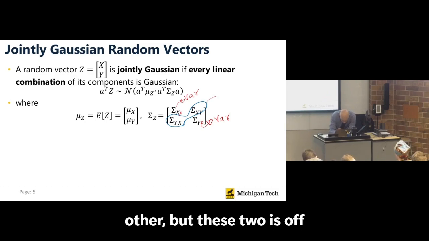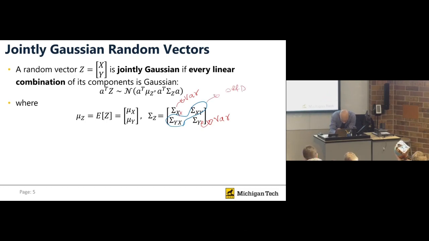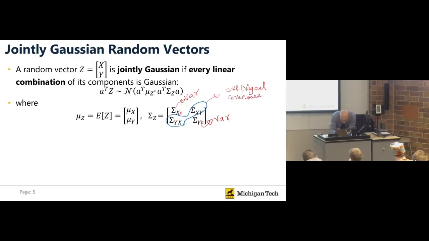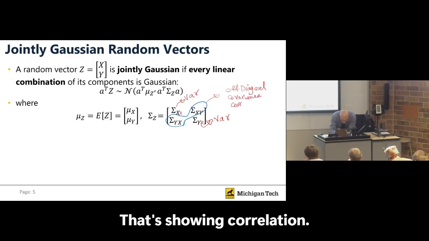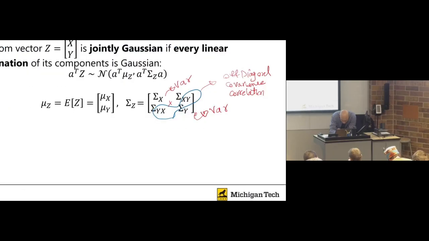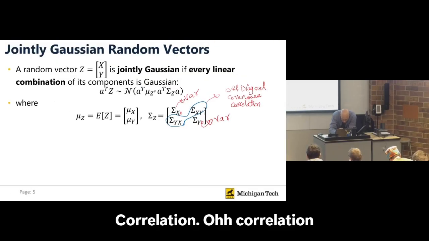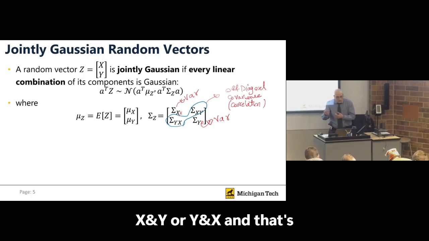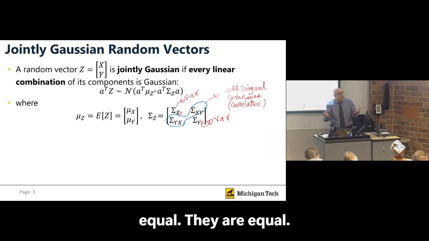But these two are off diagonal, and this is called covariance. That's showing correlation between x and y, or y and x, and that's equal.